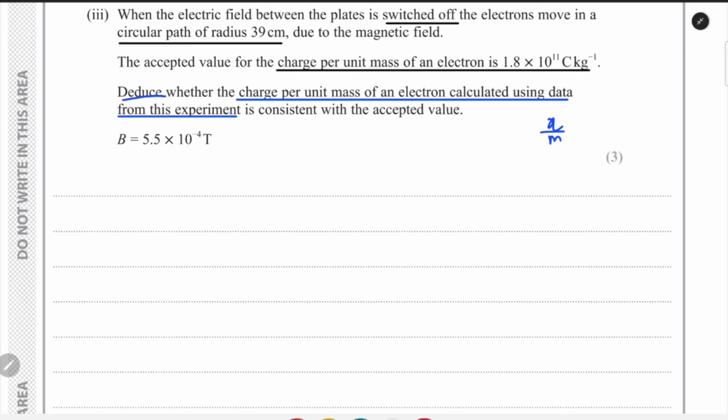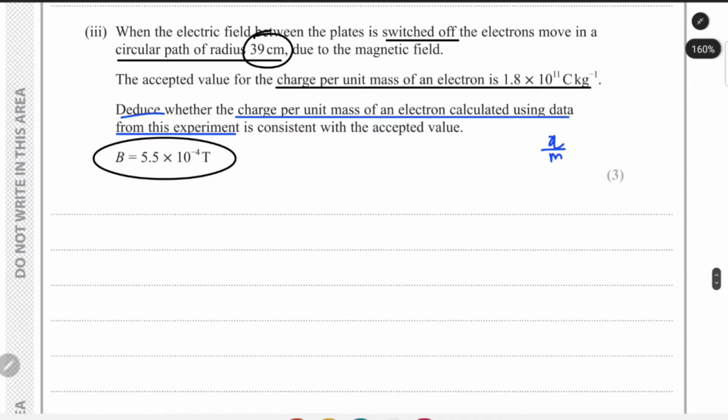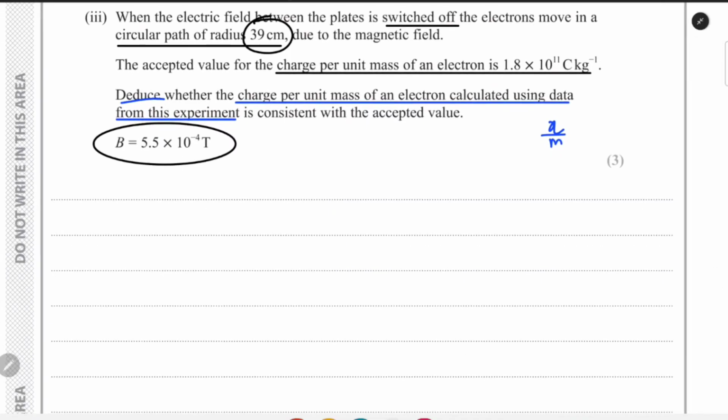The charge per unit mass is basically Q divided by M. So I have to find Q divided by M for this case. Now we know the magnetic field strength over here, and the radius of the circular path. It's going to be in a circular motion, and the magnetic field will provide the centripetal force. So we have the force of magnetic field providing the centripetal force, mv squared by r.